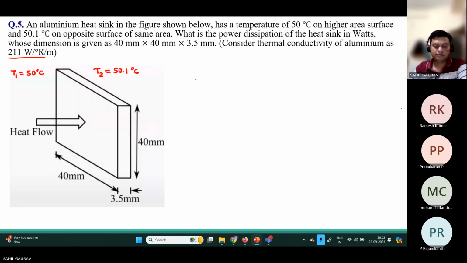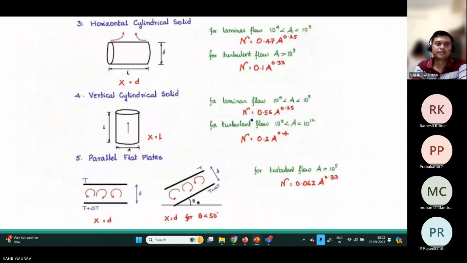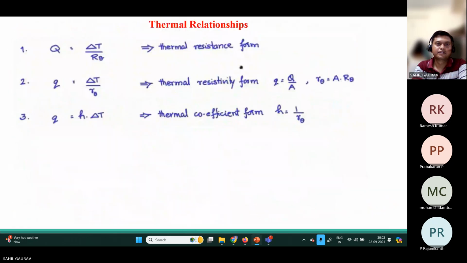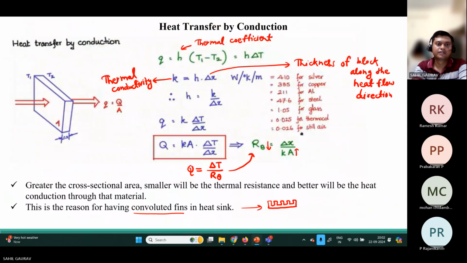So this is a problem from heat transfer by conduction.